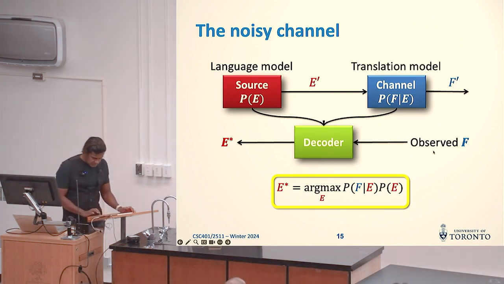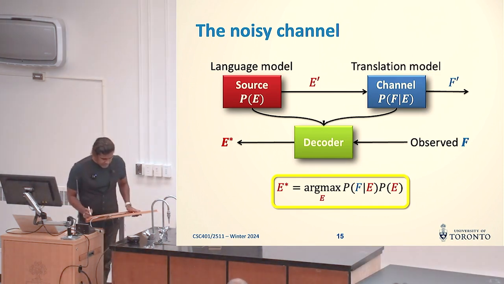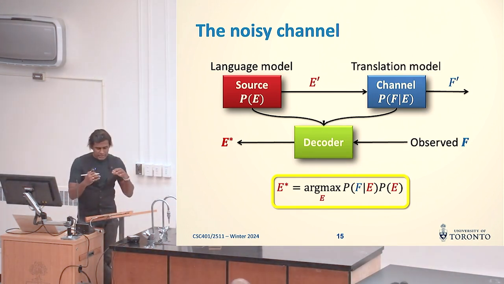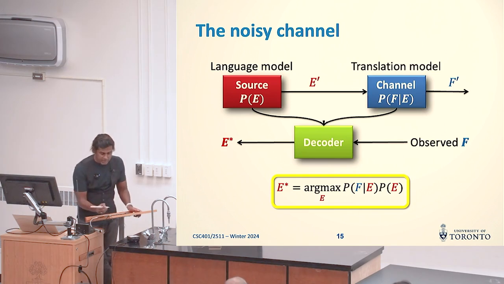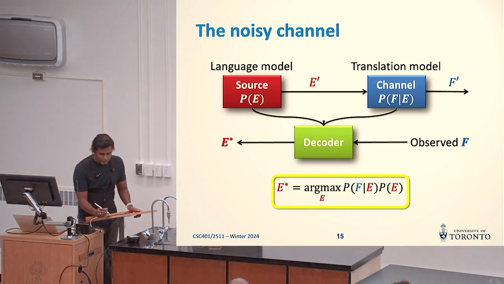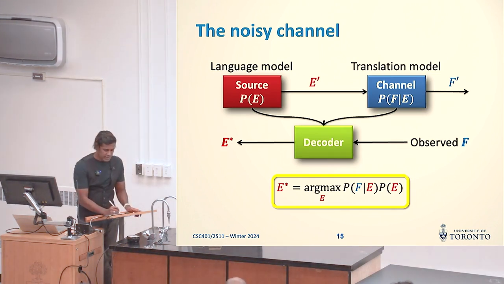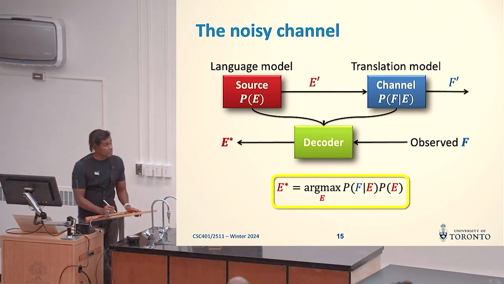Now here we are at the noisy channel formulation. It may be obvious to most people, but what can be confusing is that we're doing it in a reverse way. Remember that our observations are F, right? We're given French, and what we want to get is the target, which is English.